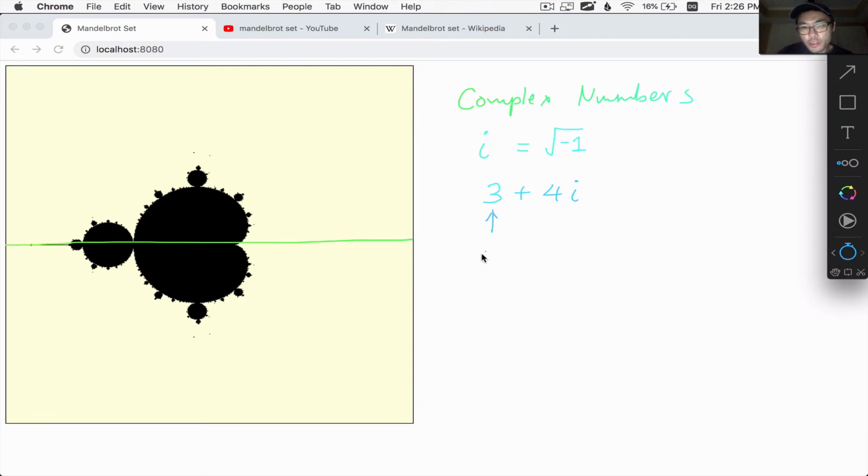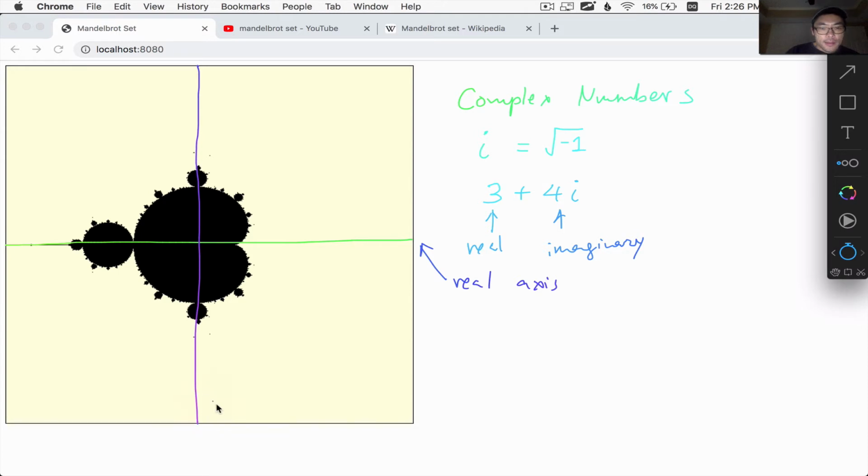So an imaginary number has a real part and an imaginary part. This horizontal axis is the real axis, whereas this vertical axis here is the imaginary axis.